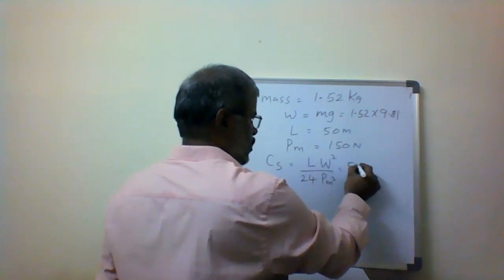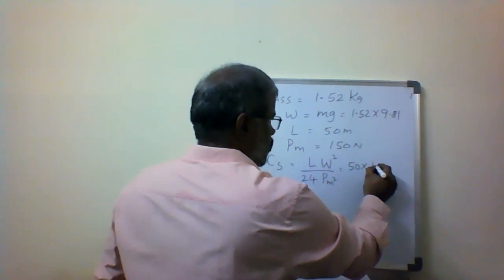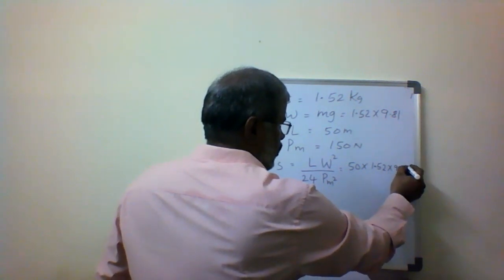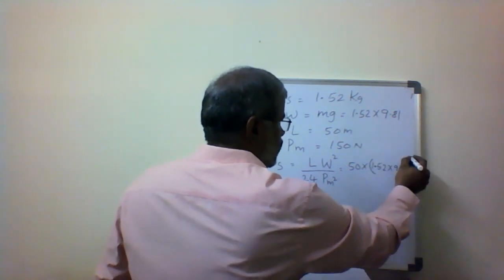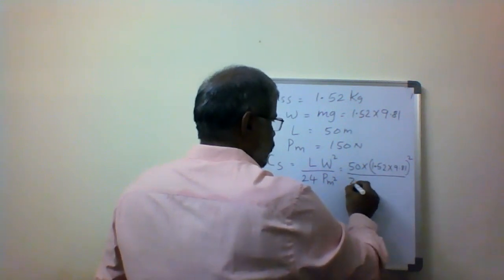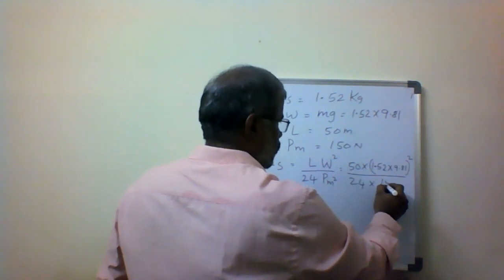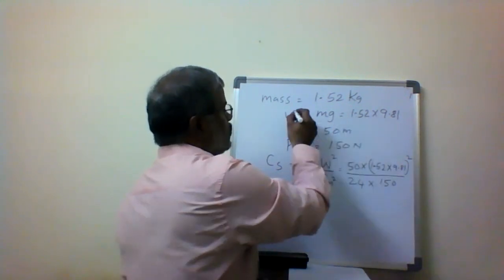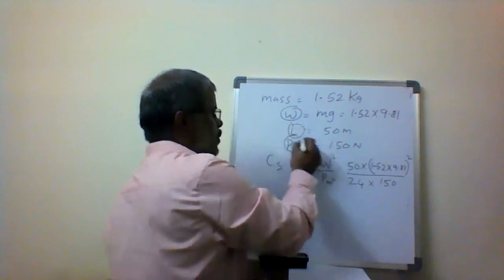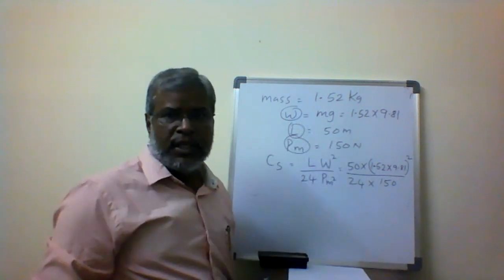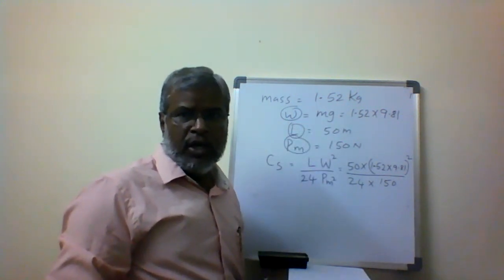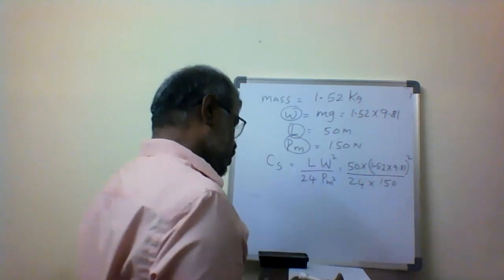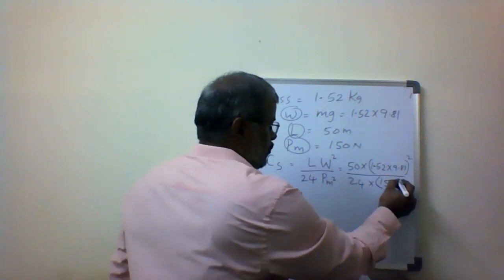L is 50, W is 1.52 into 9.81, square, by 24 into 150 square. Substituting, Cs equals 50 into 1.52 into 9.81 whole square by 24 into 150 square.